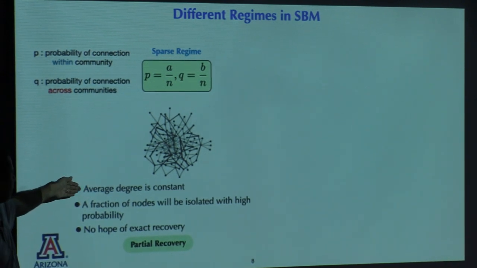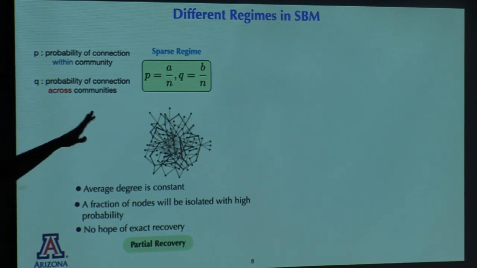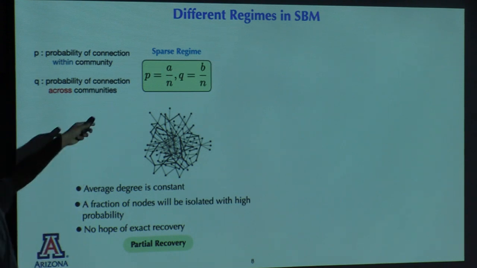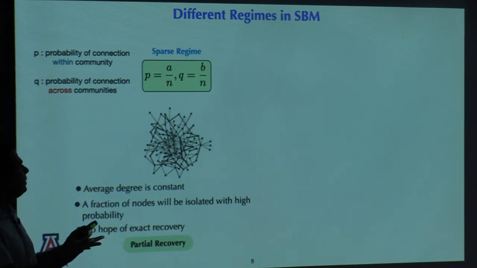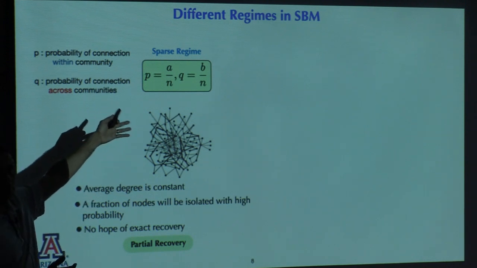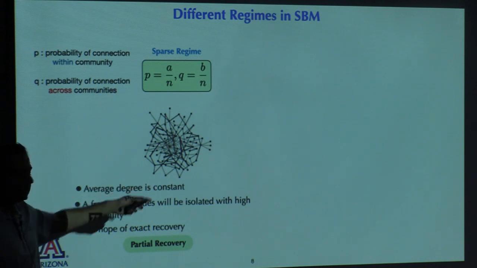The average degree is the expected number of nodes a user is connected to. A user is connected to the same community with some probability and to the other community with some probability. Since the probabilities are a by n and b by n, and the number of nodes is n, n times P plus n times Q will be a plus b, which is a constant. So the average degree will be a constant.